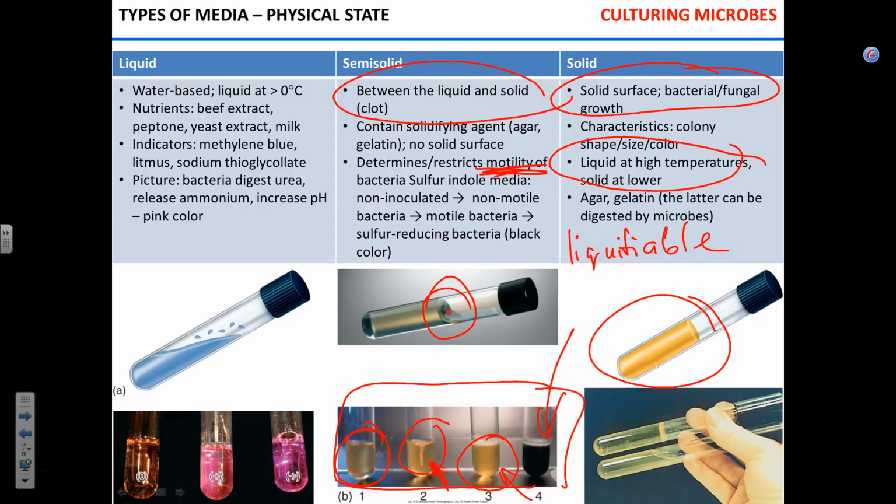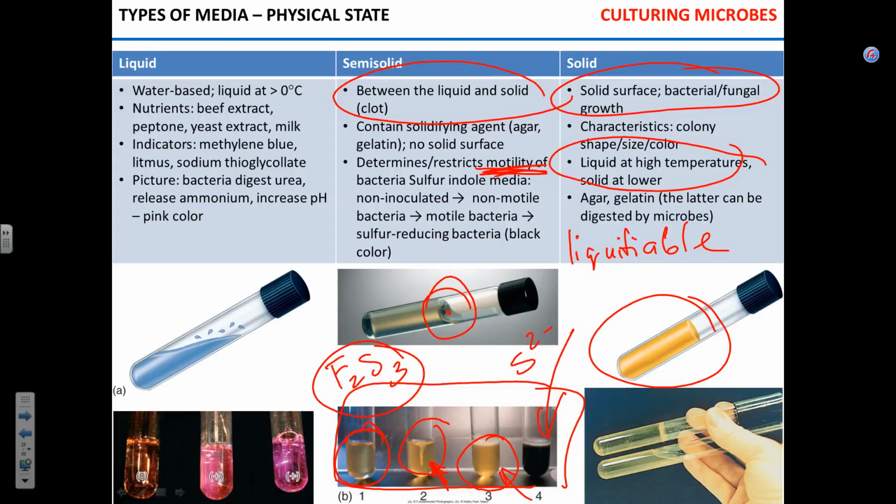In this case, it's sulfide ion in the medium. Some microbes can reduce sulfur. When they reduce sulfur, they essentially form this ion. The medium contains iron as well. Iron and sulfide ion form this compound. It precipitates, gives the black color to the medium.